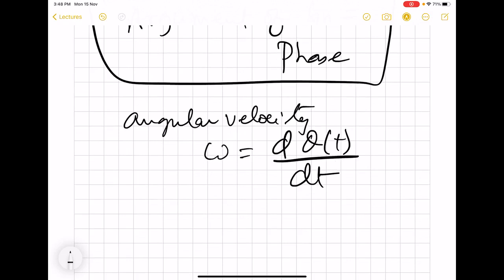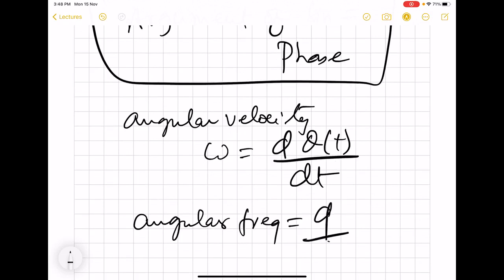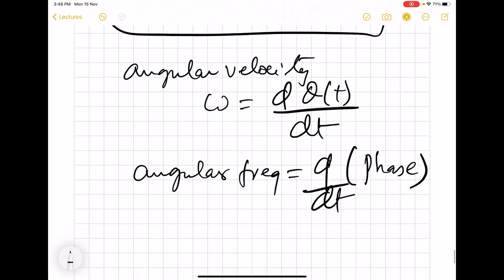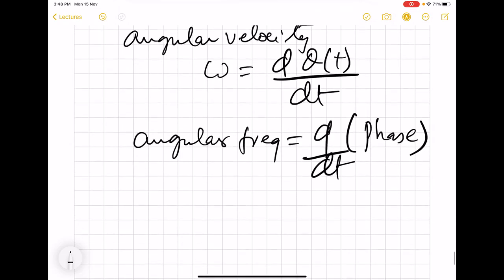So angular frequency is equal to d by dt of phase. This is the key relation which will allow us to appreciate why we are processing phase to ensure frequency equality.